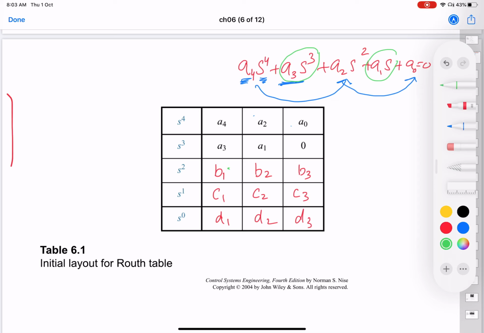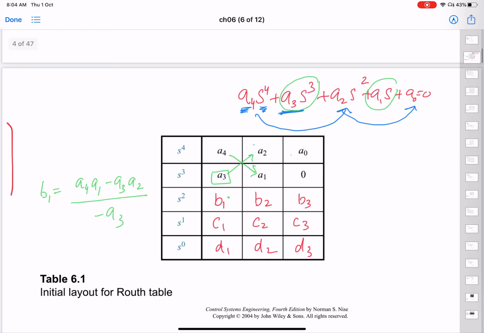So this B1 is found by multiplying like this: a4 with a1, a3 with a2, and then dividing by a3. So B1 would be a4 a1 minus a3 a2, the determinant of this matrix, divided by minus a3.